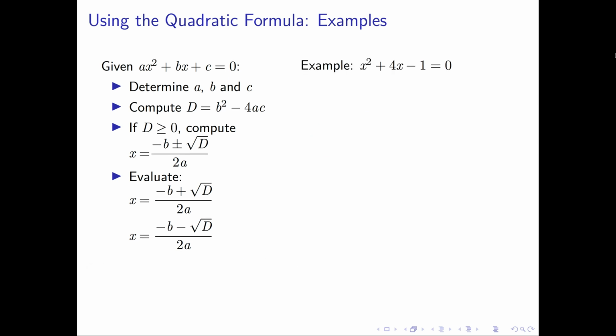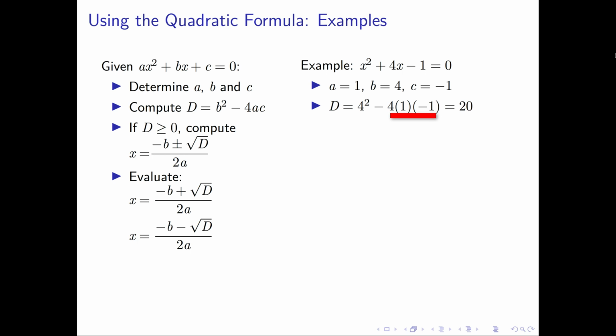Here's another example. Again, stop the video to work it out by yourself, and then restart to see the solution. Okay, so here A is 1, B is 4, C is -1. We compute the discriminant, 4 squared minus 4 times 1 times -1 equals 20. And here again we have to watch our signs. 4 times 1 times -1 is -4.